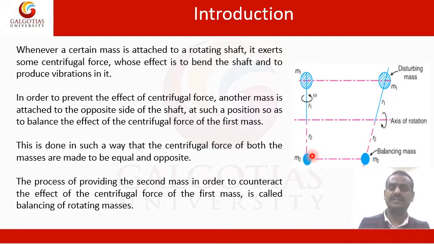In order to counteract that, we add another mass, the disturbing mass, in the same plane as the m2 mass. The disturbing mass also produces a centrifugal force, equal and opposite to that of the balancing mass, so the system is in the balanced state. This process of providing the second mass to counteract the centrifugal force of the first mass is called balancing of rotating masses.